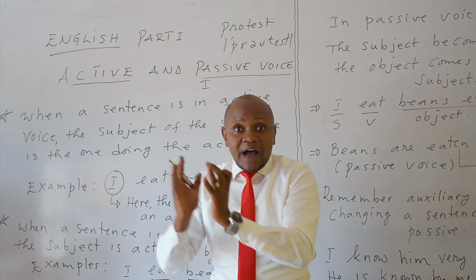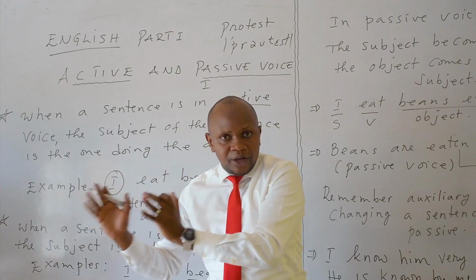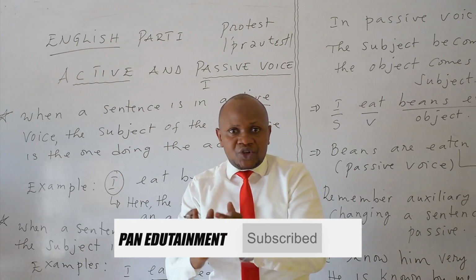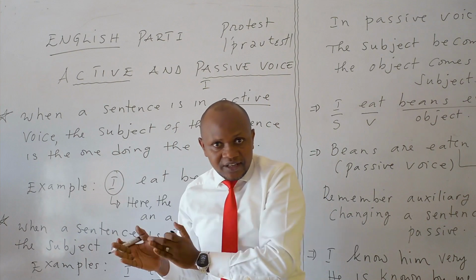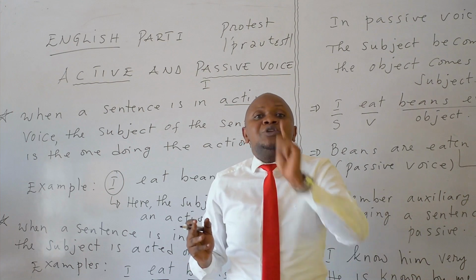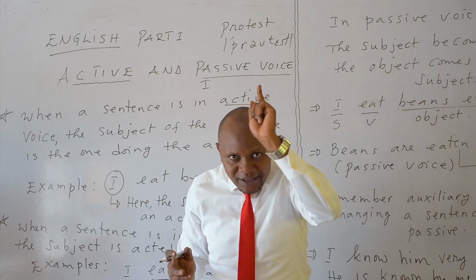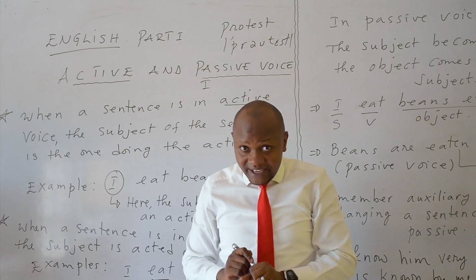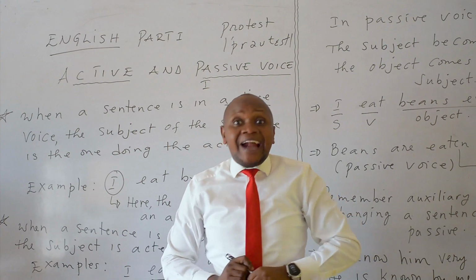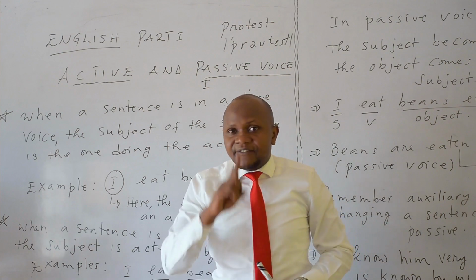Ndya ibijumba buri cyumweru. I eat sweet potatoes every week. Then ninjya kuvuga ngo ibijumba biribwa nanjye buri cyumweru, I will say sweet potatoes are eaten by me every week.